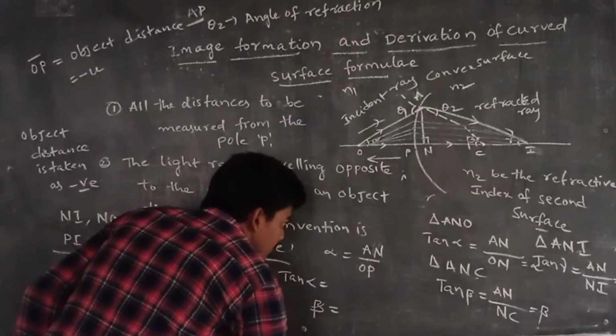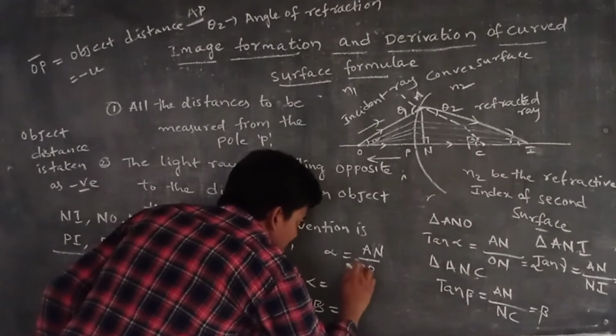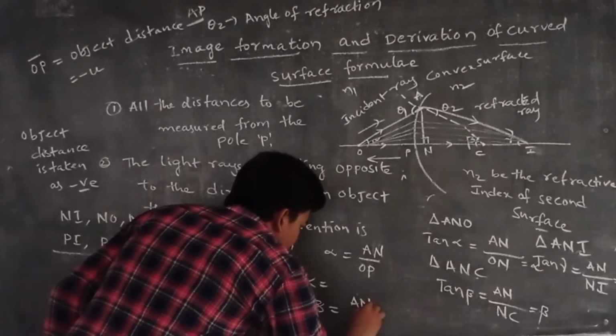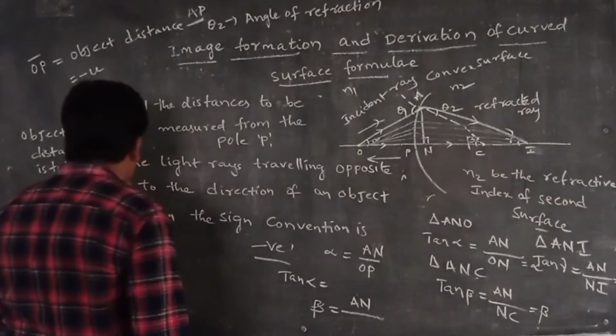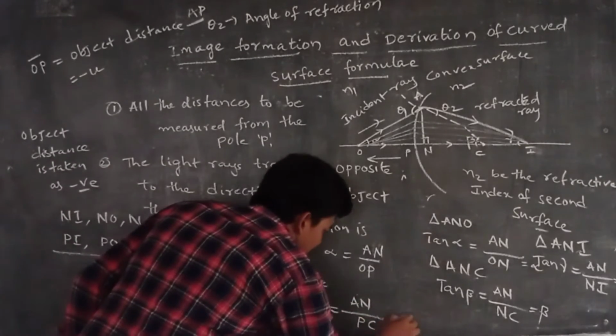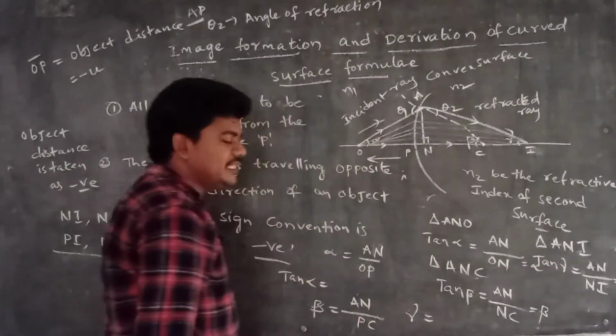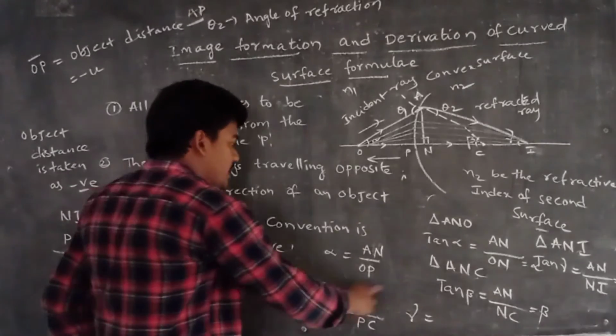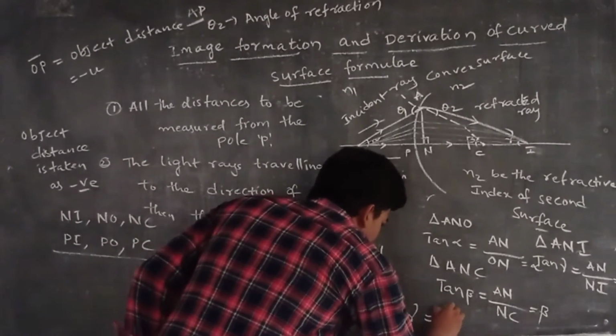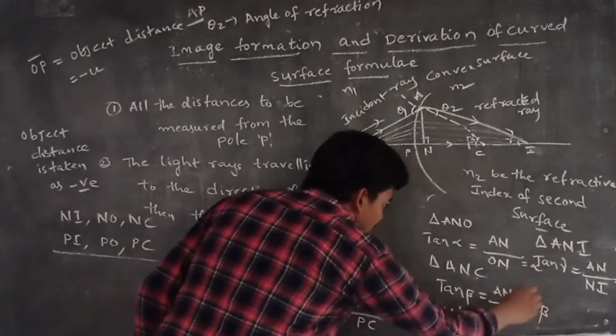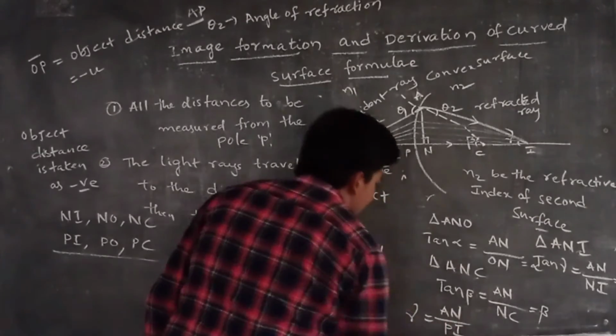Beta is equal to AN by NC, and in place of NC we write PC. Gamma is equal to AN by NI, meaning PI.